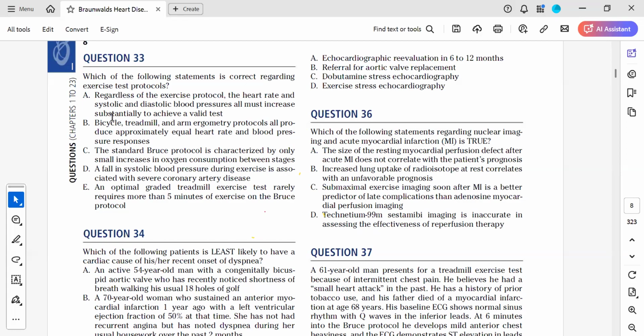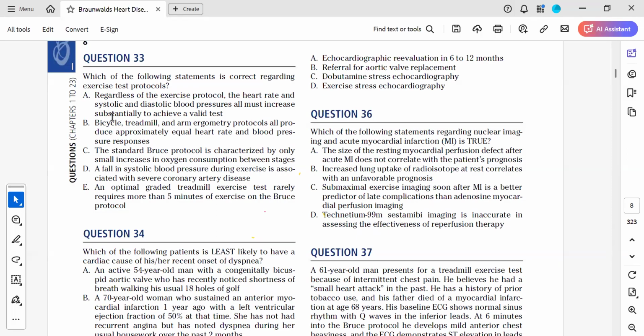The arm type appears to be like the isometric test, and in the arm protocol, there is a higher heart rate and blood pressure response compared to that of the leg test, which include the bicycle and then the treadmill.